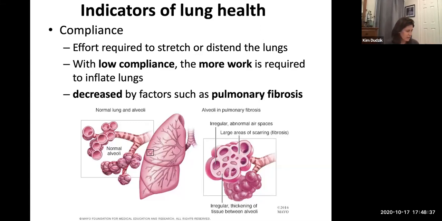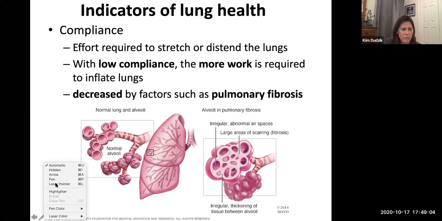Factors like, I put another disease in here, pulmonary fibrosis. That's actually what this picture is showing here. In pulmonary fibrosis, there's scar tissue building up in the lungs. Things like tuberculosis can cause that. You get scar tissue in there, and look, that thickens the tissue of the lungs compared to the normal alveoli over here.